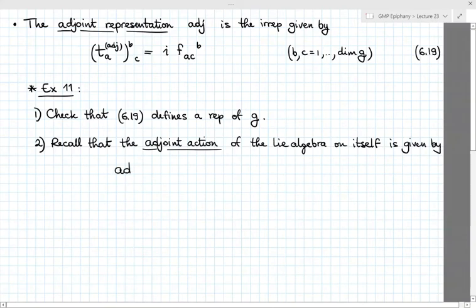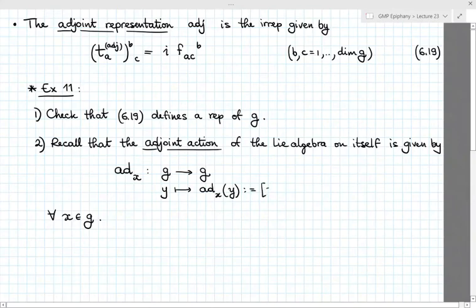For an element X of the Lie algebra, we have the adjoint action of X on the Lie algebra that takes a Lie algebra element and outputs another Lie algebra element. Let's say that the Lie algebra element is Y, then the adjoint action of X on Y is defined as the Lie bracket of X and Y.